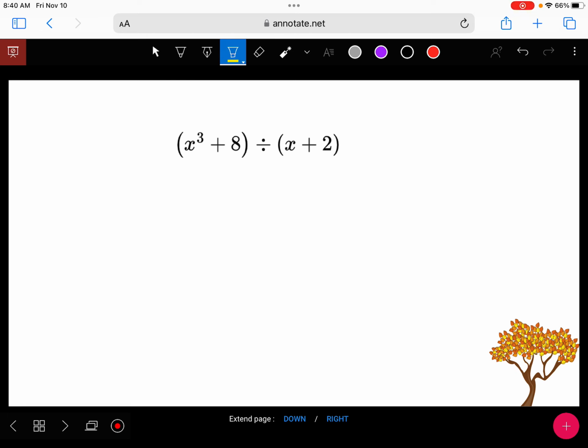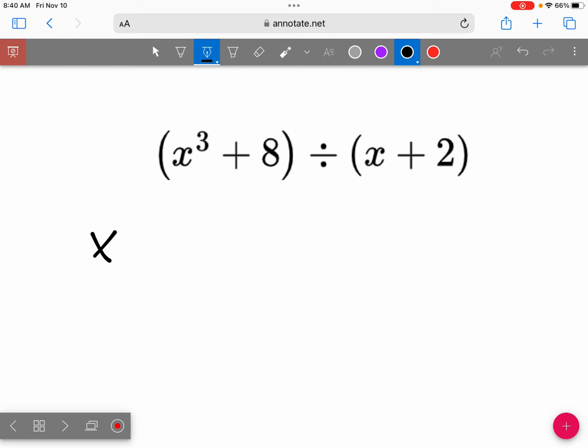Well, it's in standard form. It goes from biggest to smallest, but it skips a couple. So we still need to include the coefficients for the terms that were skipped. So I could rewrite this as x cubed plus, how many x squareds do we have? 0 x squareds.